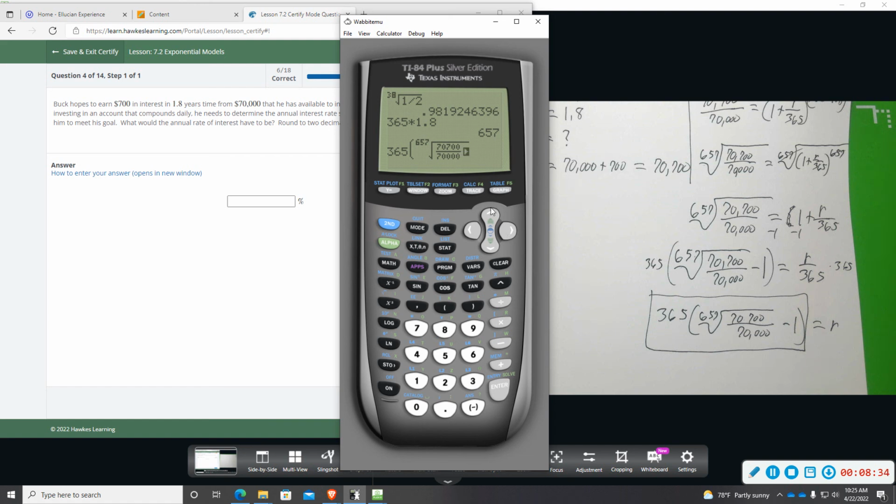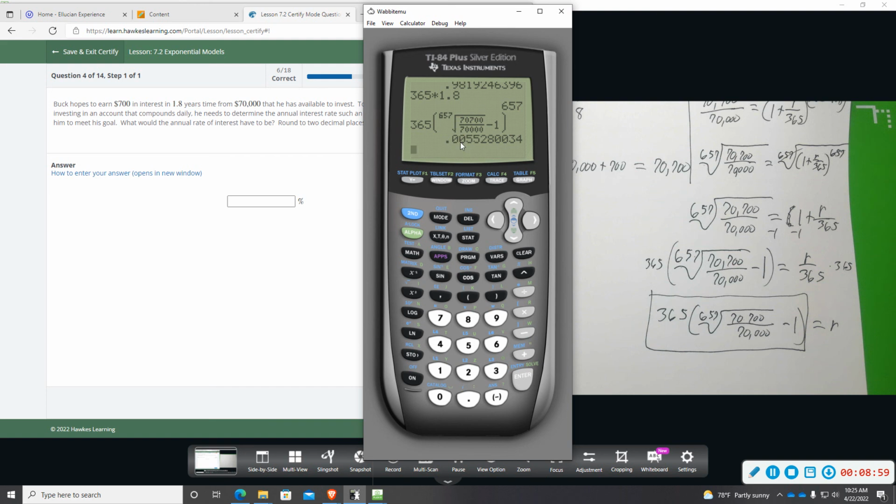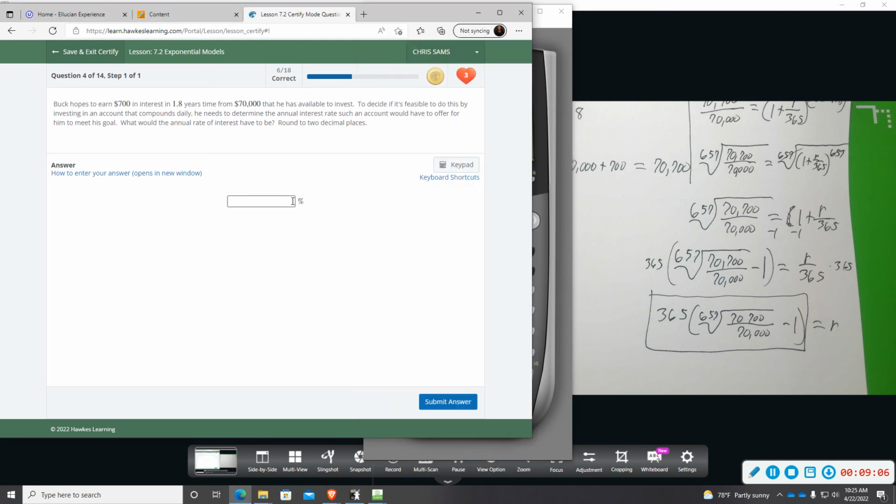Let's arrow over. You're still under the root. Arrow over again so you're out, and then minus 1, and then close parentheses. So double check that you entered everything right. Once you're satisfied, submit, and it looks like when you round to 2 decimal places, that means we're going to move it over twice. We're going to have 0.55%, and that 2 will not round up. So this looks like 0.55%.